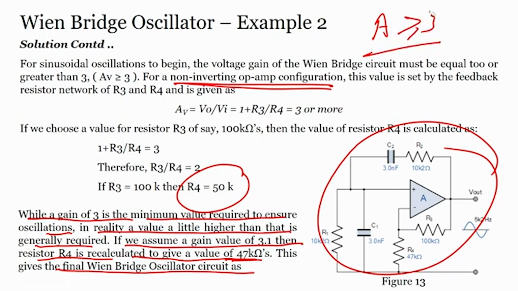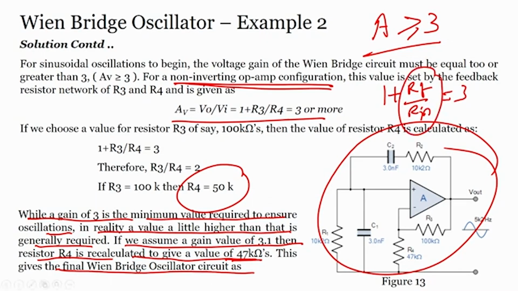For the non-inverting amplifier we have the formula 1 plus Rf by Rin equals 3, where Rf and Rin are R3 and R4. From that we found the values of R3 and R4. This is the ideal situation.